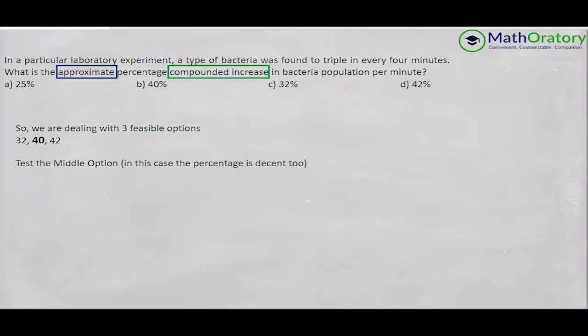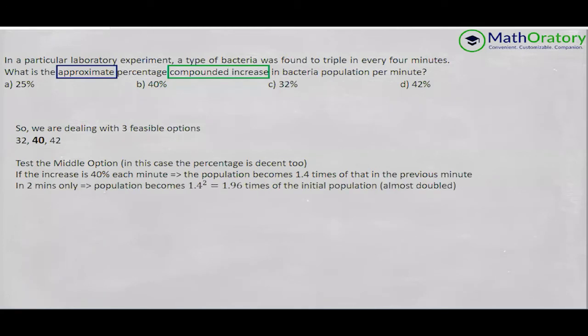This 40% increase, we can straight away get into fractions and all. So I'll use a multiplying factor in this case. If you have a 40% increase in each minute, every minute the population becomes 1.4 times that in the previous minute, isn't it? So 40% increase implies it becomes 1.4 times that it was in the previous minute.